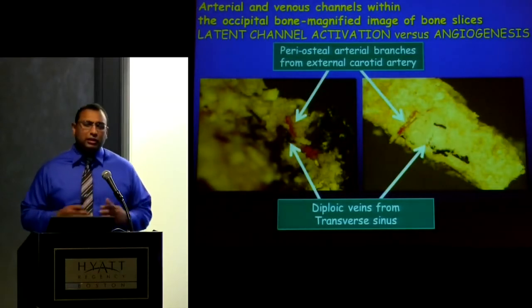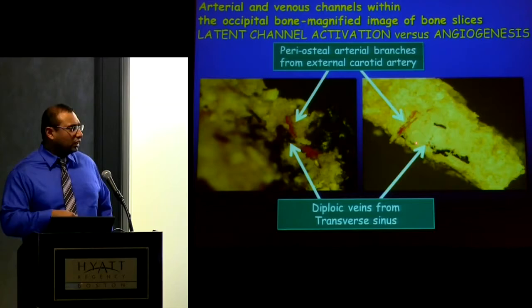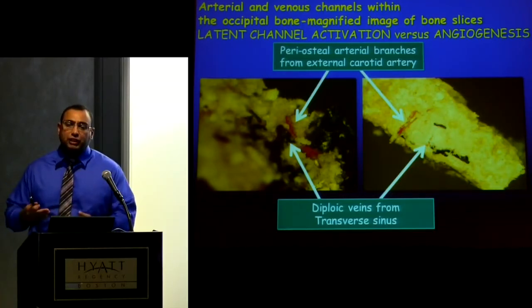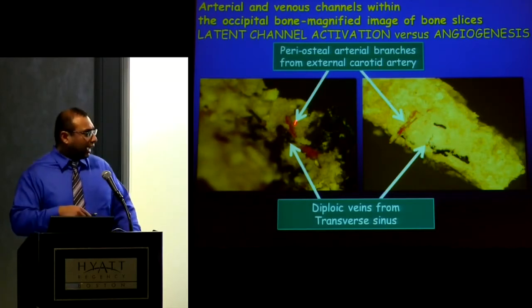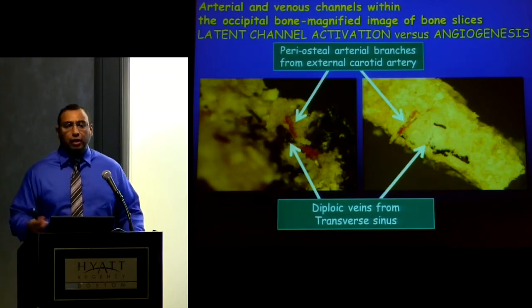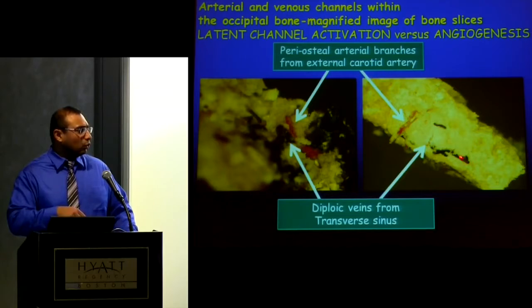And what is not clearly understood, and these are sections of the occipital bone with casting according to color: the red color represents the arterial channels within the bone, and the blue color represents the venous channels. The occipital bone has a substantial amount of these venous channels in a normal occipital bone.